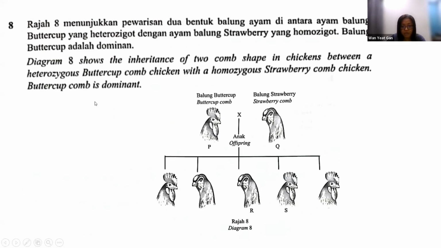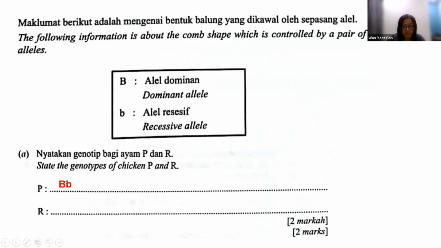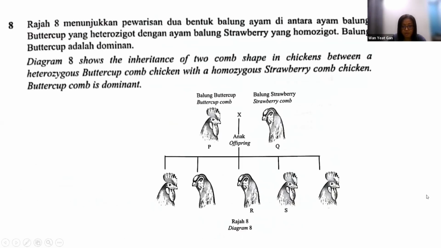Okay, so P is, remember, buttercup comb is dominant, whereas strawberry comb is recessive. So P is Bb, one capital B, one small b, which is heterozygous, and R is small b, small b, because this is dominant.